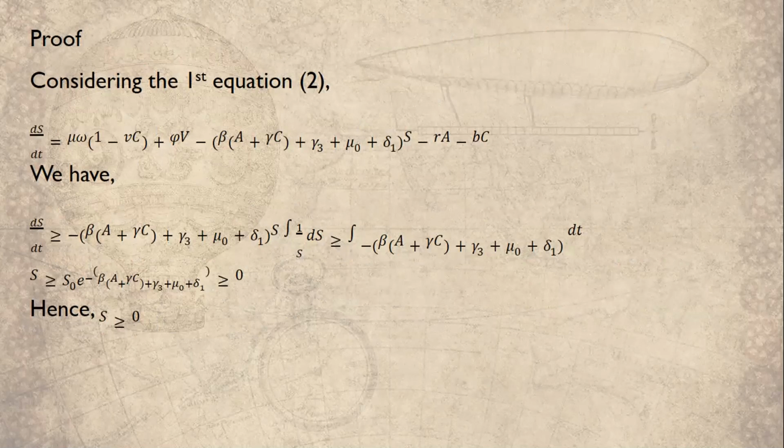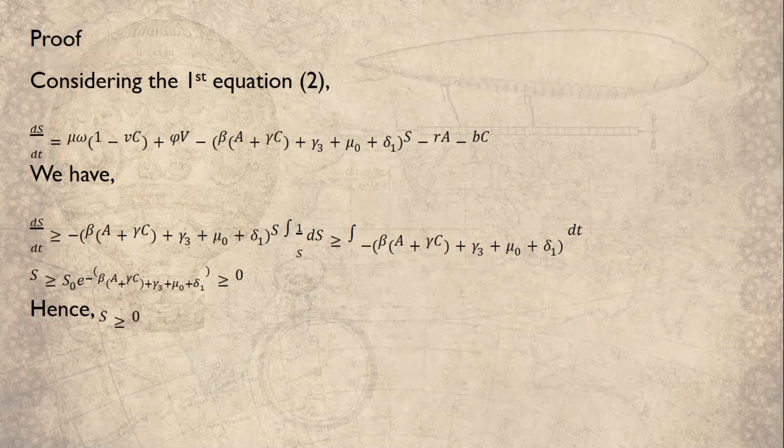We have that dS/dt is mu omega 1 minus epsilon C plus phi V minus beta A plus gamma C plus gamma 3 plus mu naught plus delta 1 S. We want to prove that whenever beta A plus gamma C plus gamma 3 plus mu naught plus delta 1 is greater than 0, then S is going to be the exponential of minus beta A plus gamma 3 plus mu naught plus delta 1, which is greater than 0.